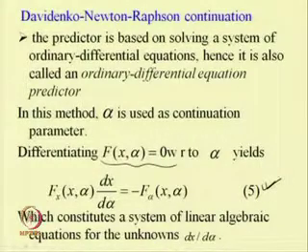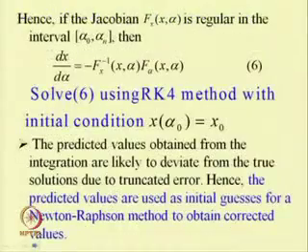Since x is n-dimensional, where x equal to x1, x2, up to xn, we will have a set of linear algebraic equations with unknown dx/d alpha. Now one can find the Jacobian matrix f_x in the interval alpha 0 to alpha n.